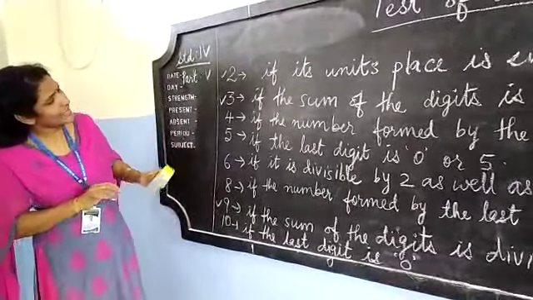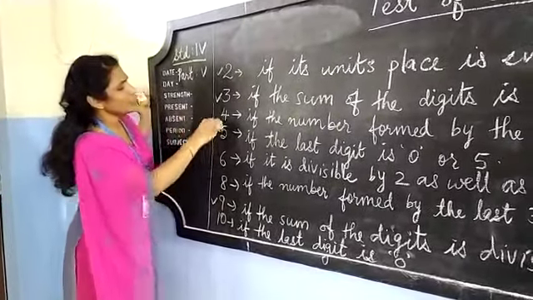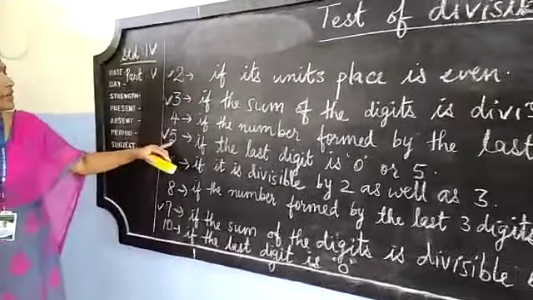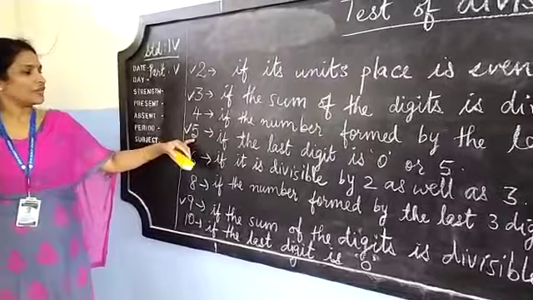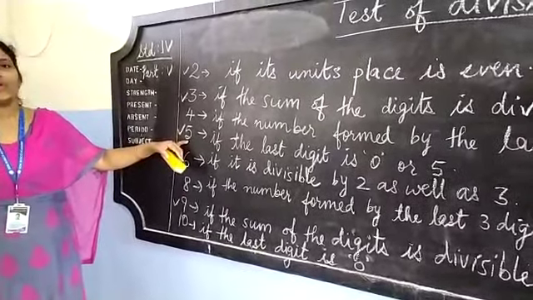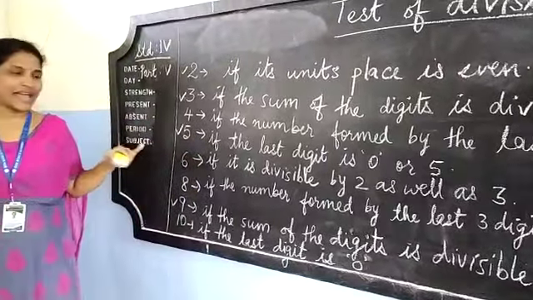Now next we can see 5. We are going to do easy ones first. How can you make out whether a number is divisible by 5? We have to just see its ones place, its last digit.